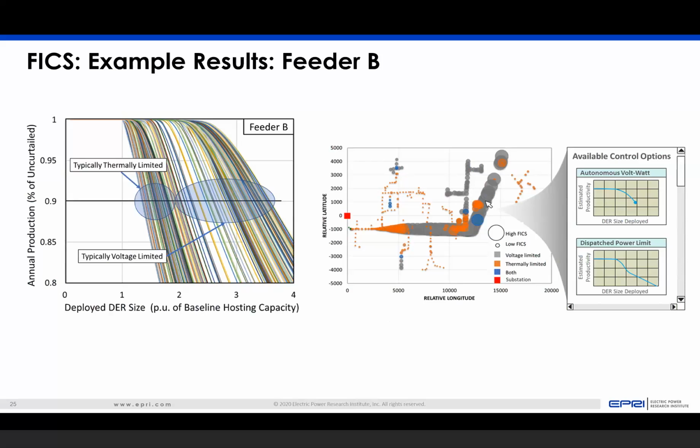The color coding is if it's orange, it's thermally limited. If it's gray, it's voltage limited. The size of the bubble is essentially the amount of flexibility you have. So you can see on the laterals, you have very limited flexibility, and most of those are thermally limited. As you move away from the substation, the system is a little bit less stiff at those locations, so you have more voltage limitations that show up, and you have broader flexibility because you have broader variation in your hosting capacity.